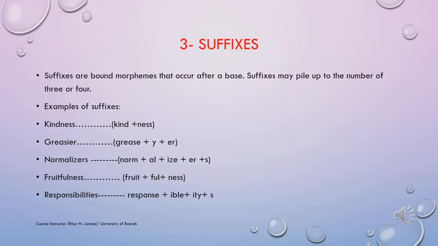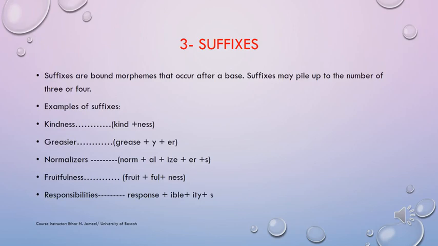It carries the principal meaning of the word, and it is a free base. Full and ness are affixes. They do not carry the principal meaning of the word. But what type of affixes? They are suffixes because they come after the base fruit. We have 2 suffixes in this word.